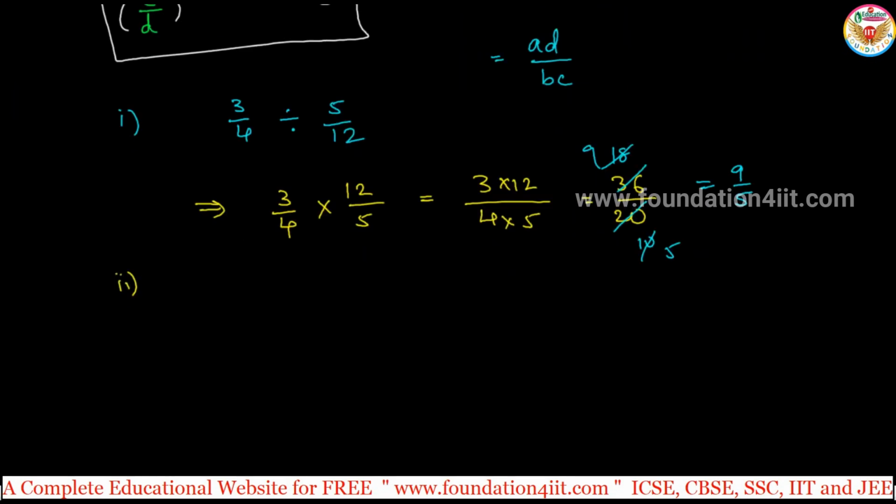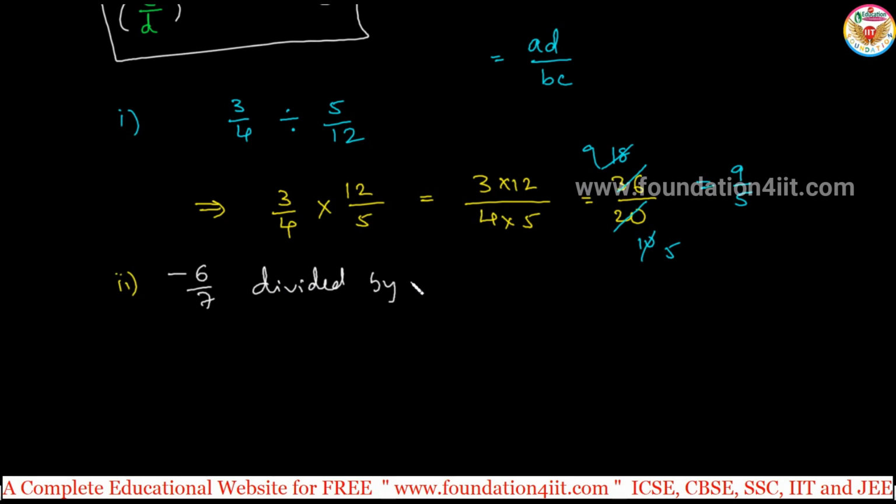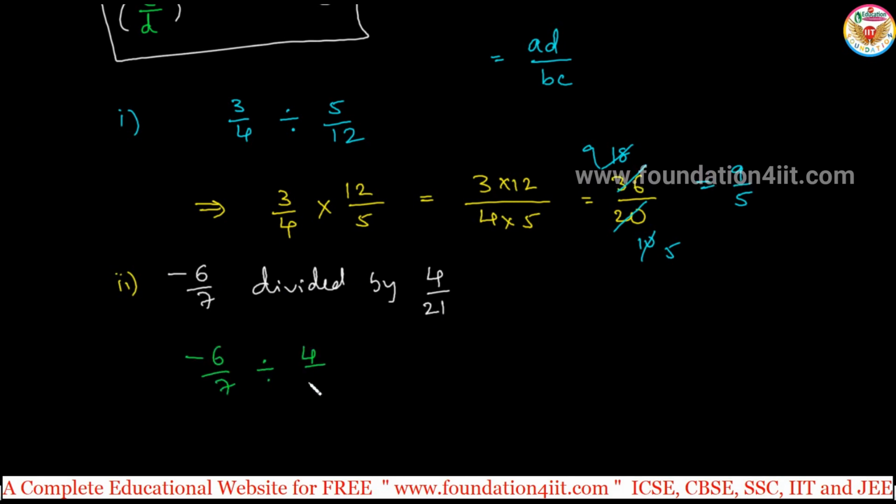For example, minus 6 by 7 divided by 4 by 21. So what should we write here? Minus 6 by 7 divided by 4 by 21.